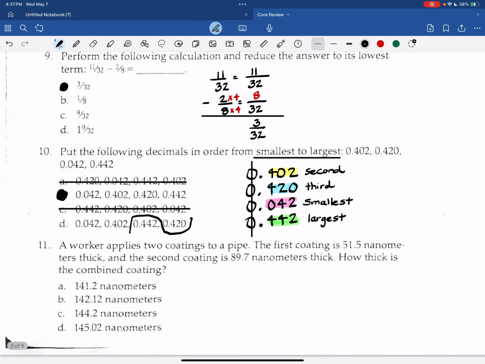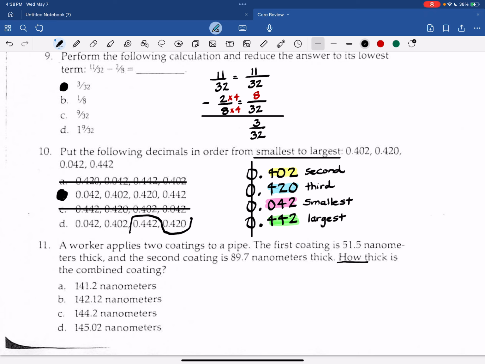Here's a word problem, so I'm going to use roses. A worker applies 2 coatings to a pipe. The first coating is 51.5 nanometers thick, and the second coating is 89.7 nanometers thick. Here's the question.